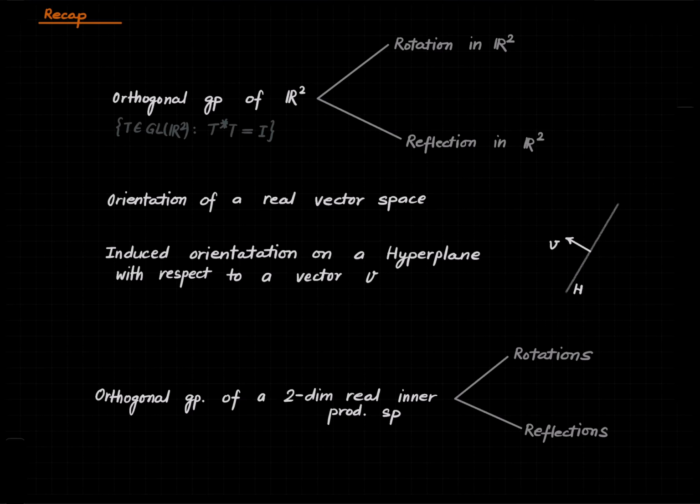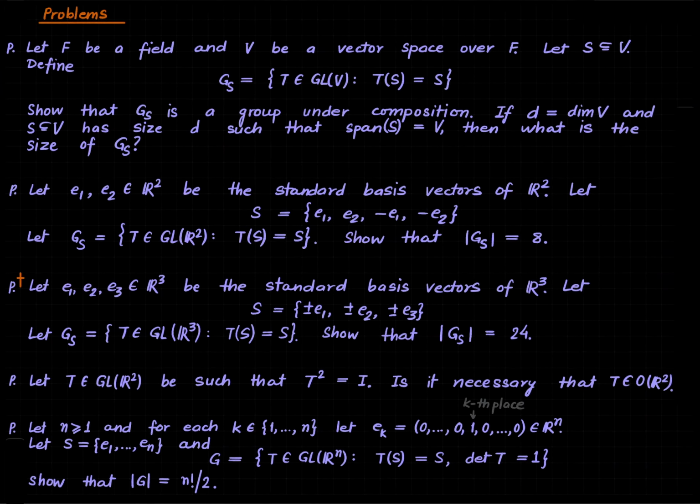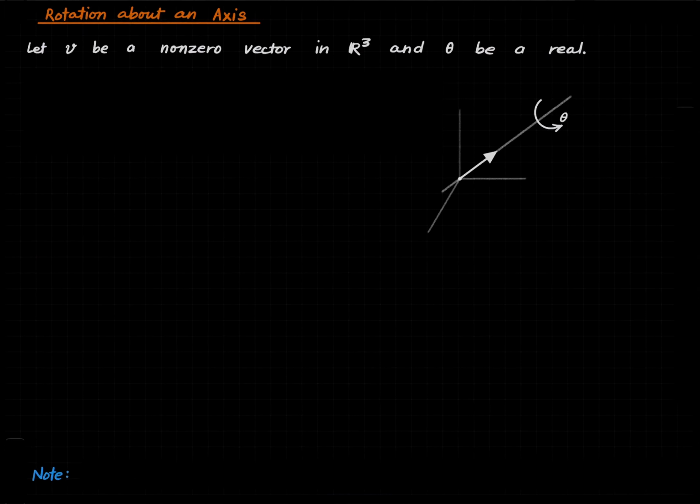All right, so let's get down to business. Some problems for practice. And now let us get started. So let us define rotation by an axis. So we have this space R3, and we have an axis chosen. Let's say this vector is v.